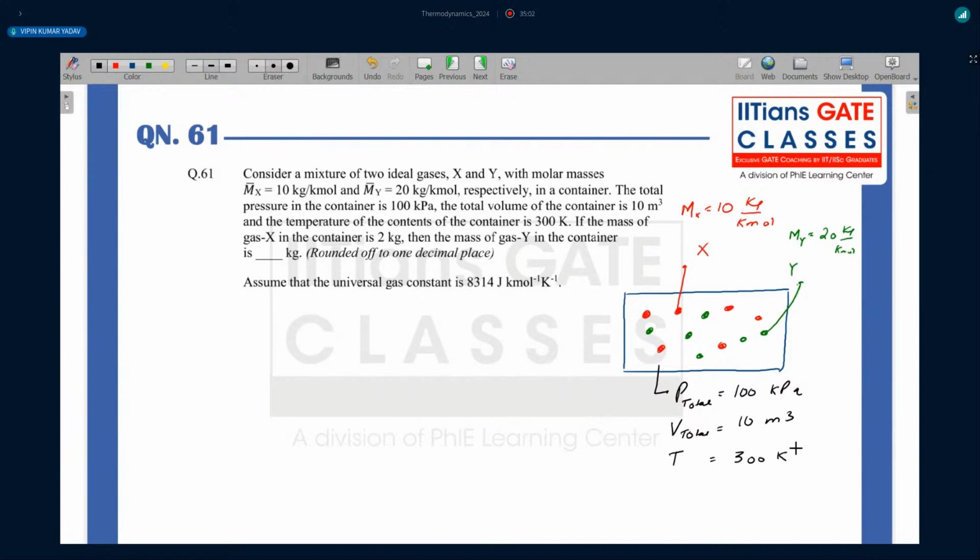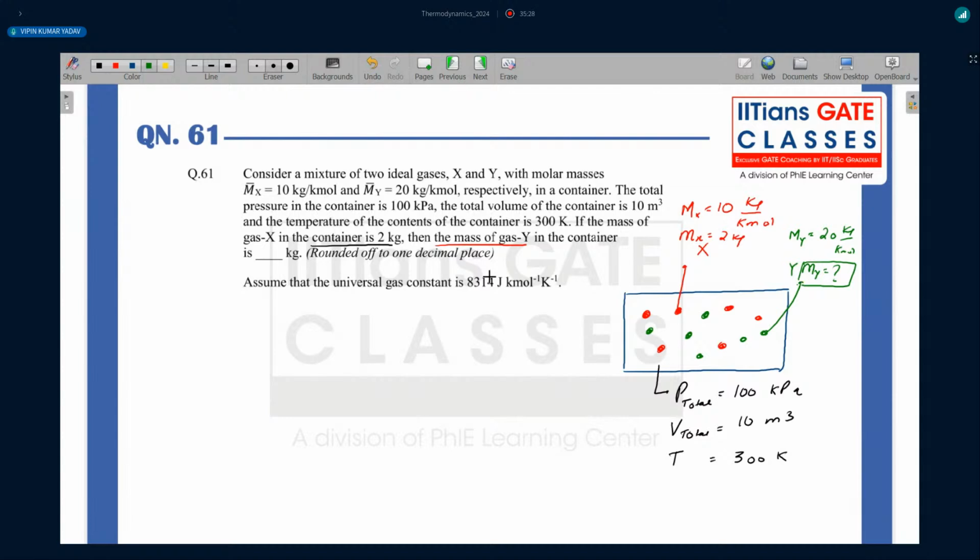If the mass of the gas X in the container is 2 kg, then I have to find out the mass of gas Y in the container, in kg rounded off to one decimal place.